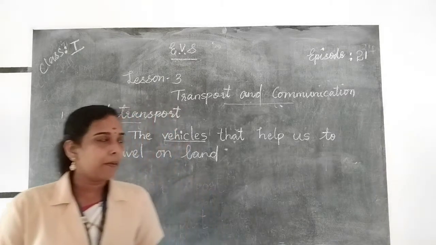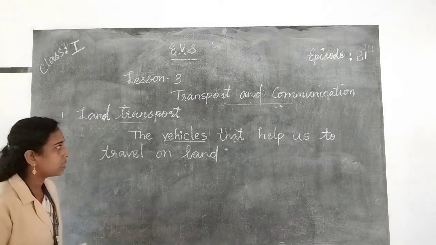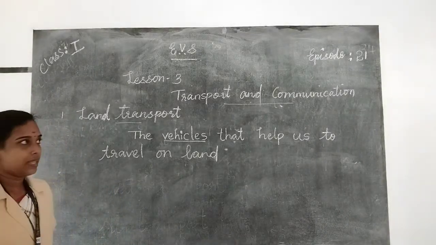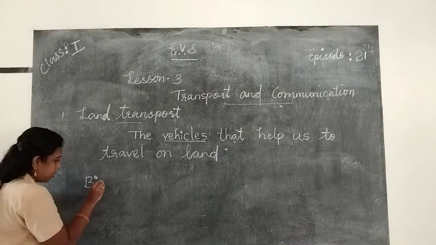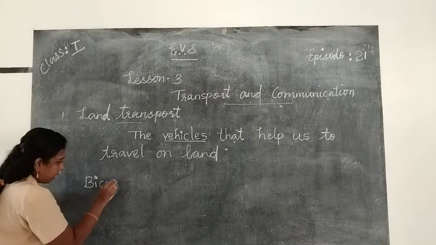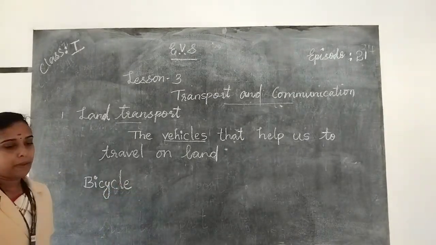So, for example, means of land transport are found on roads, and they are bicycle, B-I-C-Y-C-L-E.